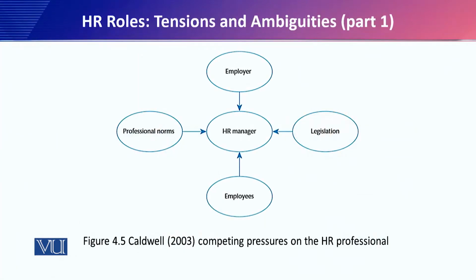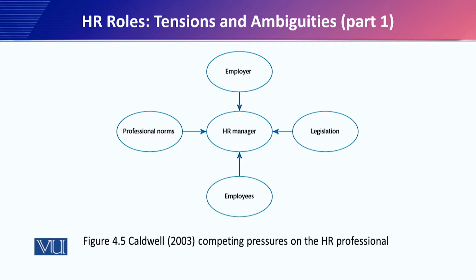If we look at this diagram, based on the previous HR roles we discussed in the last 5 modules, 5 HR models, Legge's model, Story's model, Caldwell's model, and so on, and the 10 roles identified by the CIPD. If you bring all that information into your mind, you will see that the HR manager is influenced by the employer, by the demands from employees, and by professional norms.